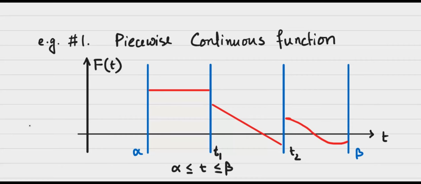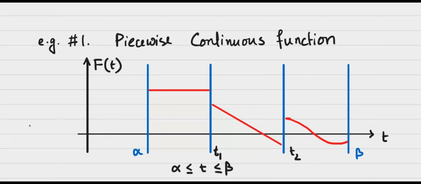and has a finite left-hand and right-hand limit. That means within these intervals, the function doesn't blow up. And so within these intervals, the function does have a limit, but also at the endpoints or the interval points, for example here t1, t2, or alpha, beta for that matter, none of these functions blow up.